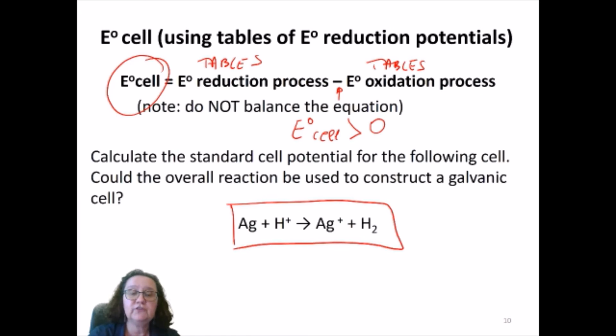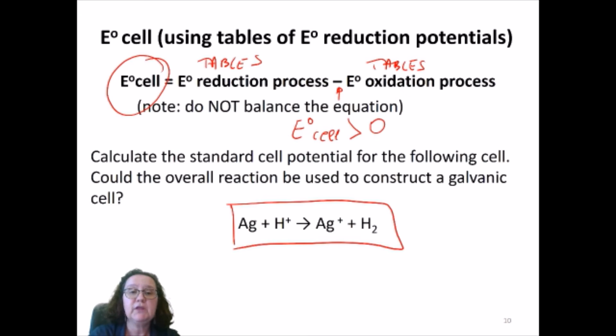So just use the half reactions as they are, without balancing them. The balancing will come at a later stage when we are using the Nernst equation, and that's when, yes, we do need to be careful to know the number of electrons exchanged and the different coefficients of all the players, because we are going to be using an equilibrium constant.